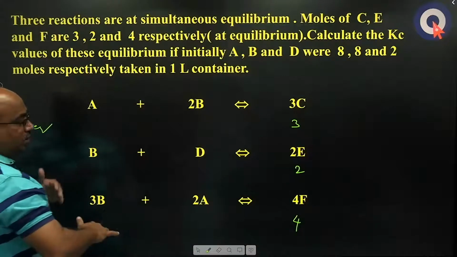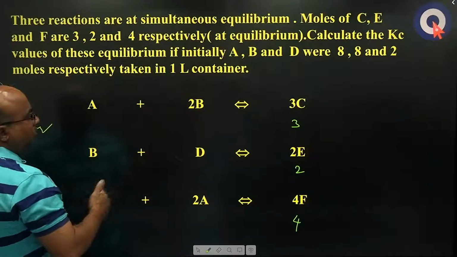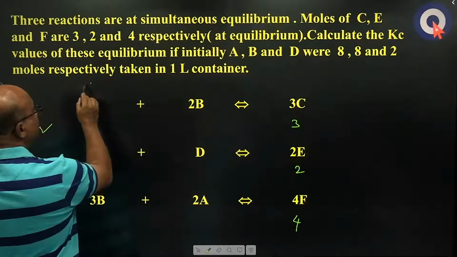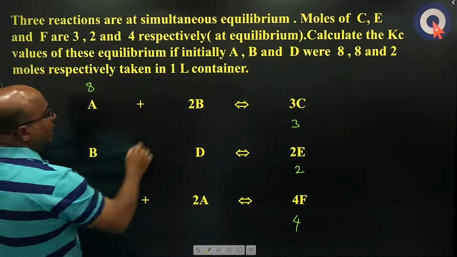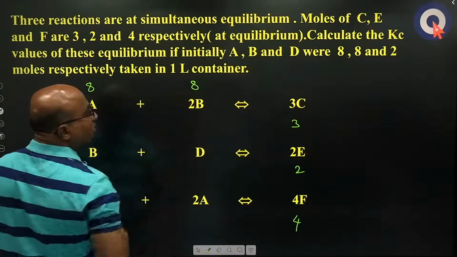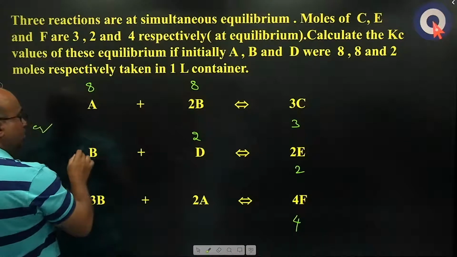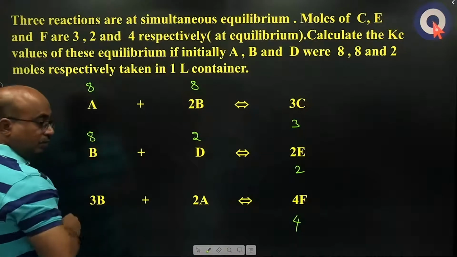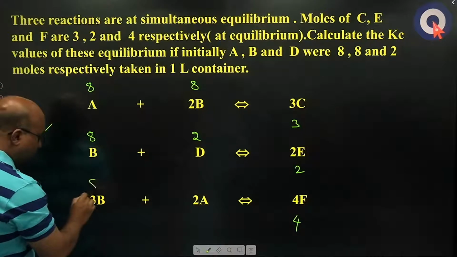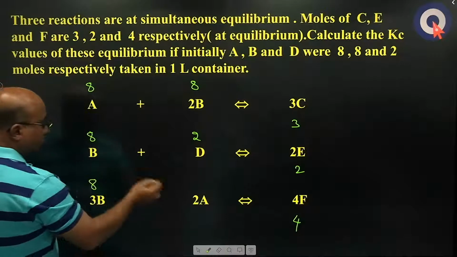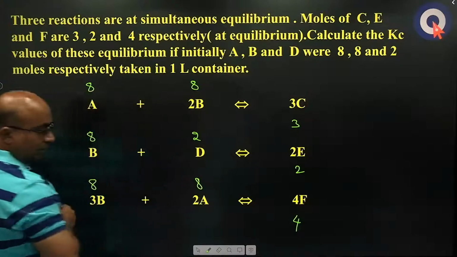But when a reaction exists, reaction takes place. Suppose we started with 8 moles of this, 8 moles of B and 2 moles of this. So here also there should be 8 moles, here also there should be 8 moles. A and B are 8.